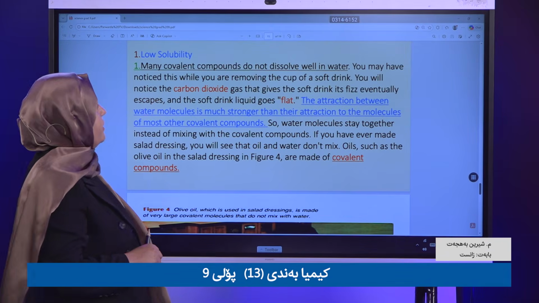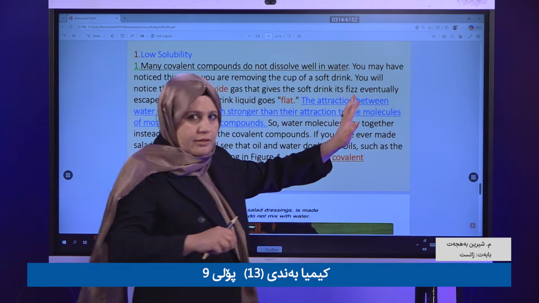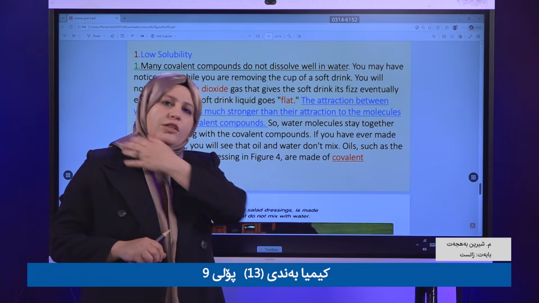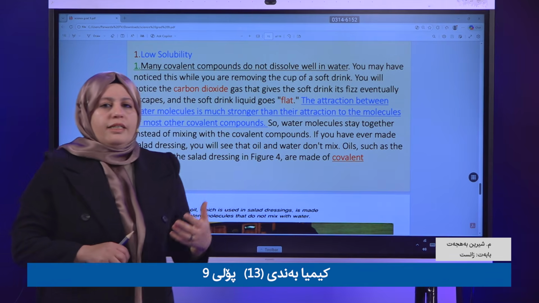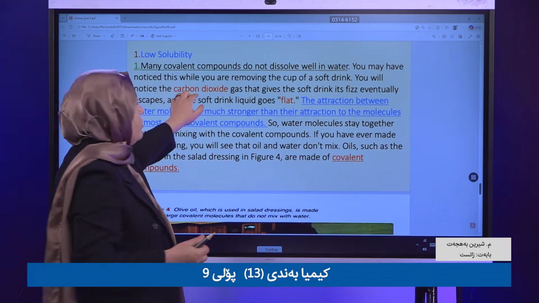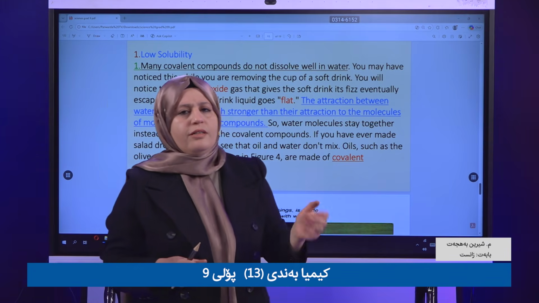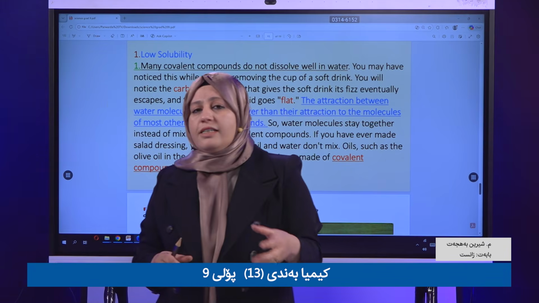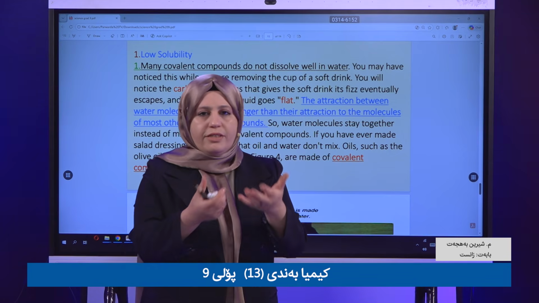Let's go to low solubility. Many covalent compounds do not dissolve in water. Most of them don't dissolve in water, but some of them do. Such as what? Carbon dioxide does not dissolve in water. Where is carbon dioxide present? It is put in fizzy drinks, to give them the taste.